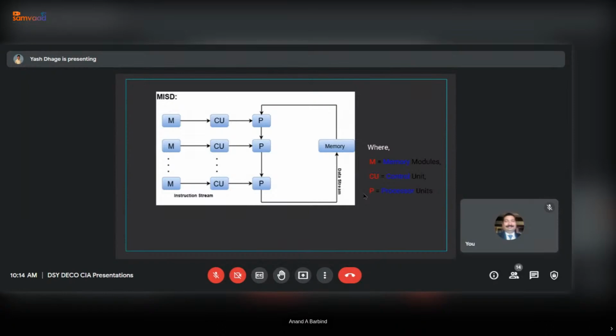That means different processors perform different operations on the same data. That is multiple instruction on the same data.